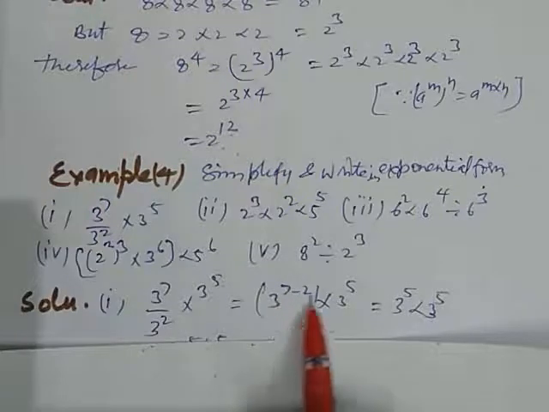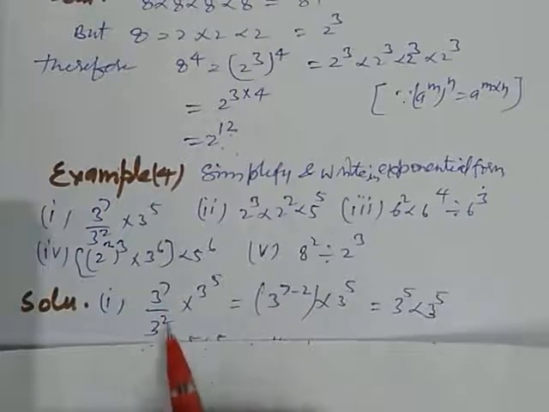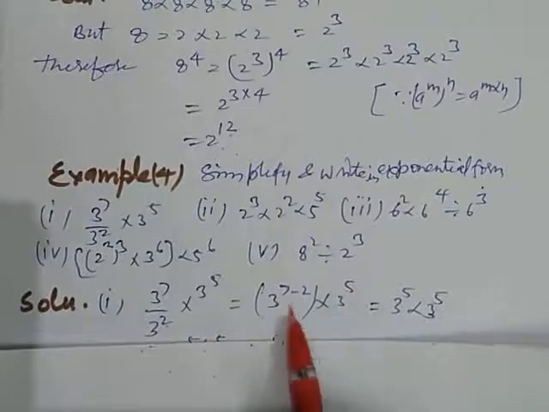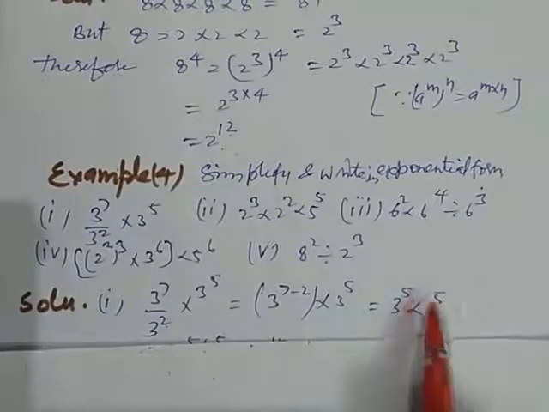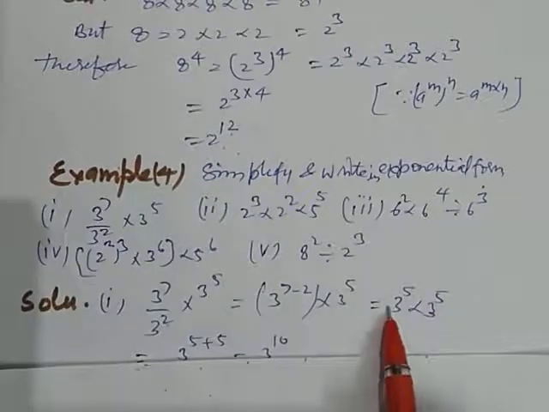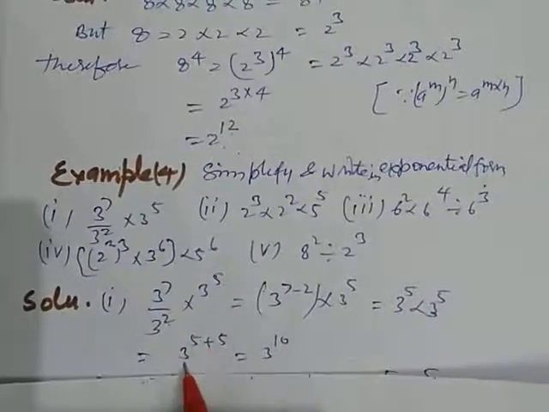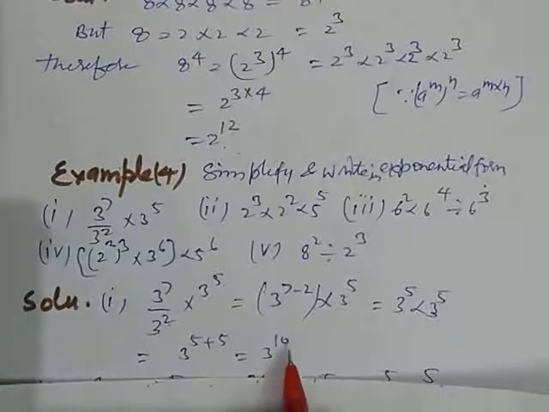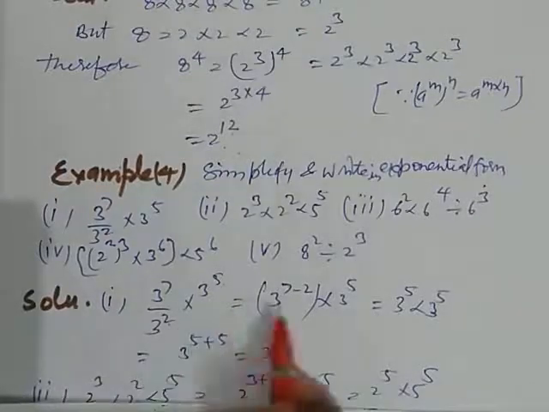So we use this and solve it. This minus this, into 3 raised to the power 5, and this becomes 3 raised to the power 5. Here 3 raised to power 5 and 3 raised to power 5 have the same bases, so the exponents add. So 3 raised to power 5 plus 5, that is 3 raised to power 10. This way we solve this.